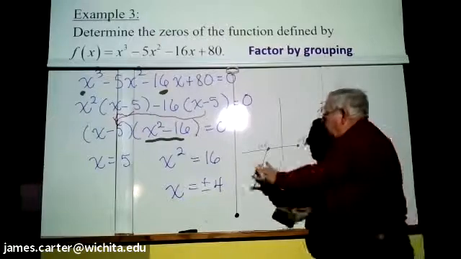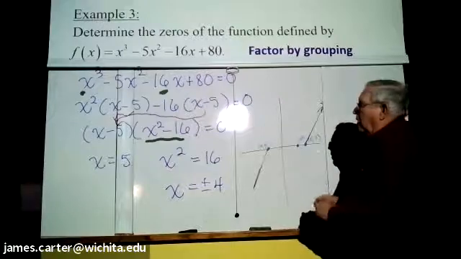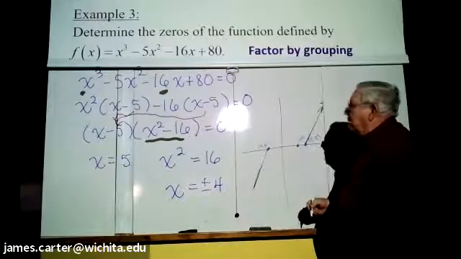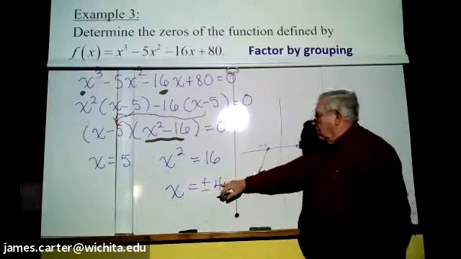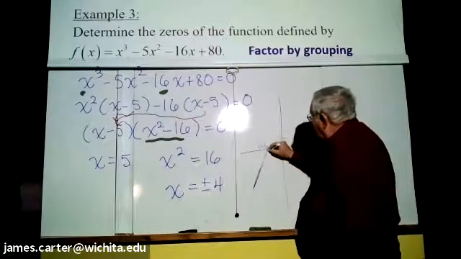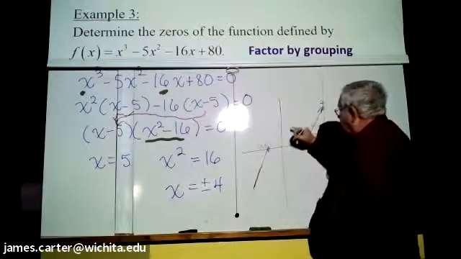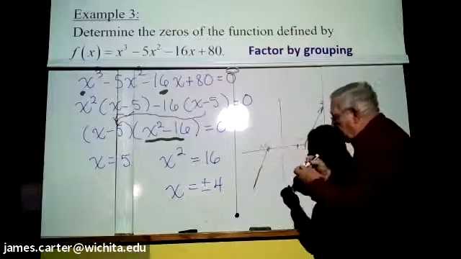I'm not going to finish this problem right now. Well, actually, I will. In this case, all of these are single, exclusive values, so these are what we call crossing points. So it has to cross to the other side.